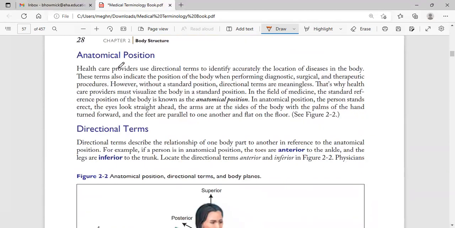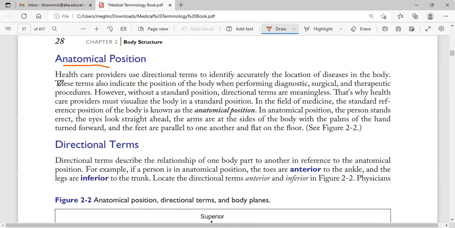Now, anatomical position, this side. Healthcare providers also use directional terms to identify accurately the location of disease in the body. And these terms also include the position of the body when performing diagnostic, surgical, and therapeutic procedures.